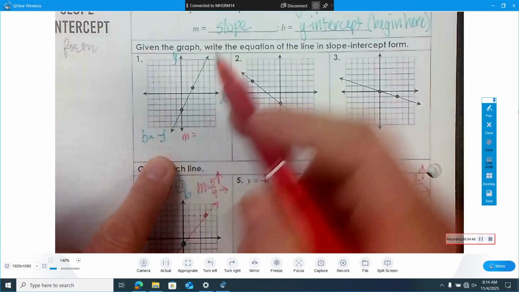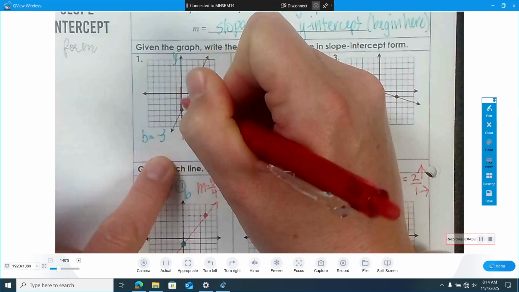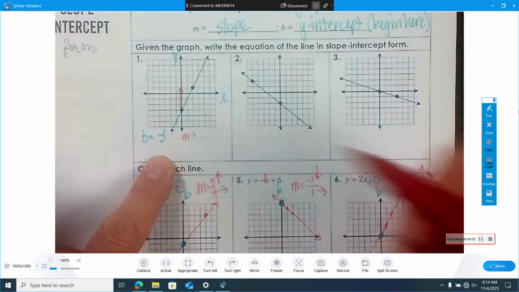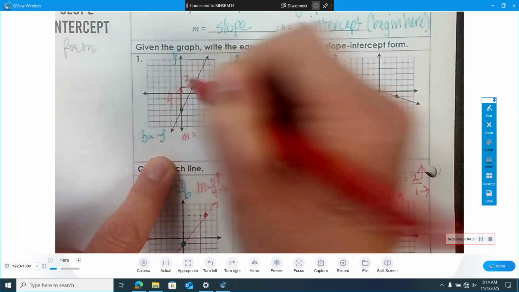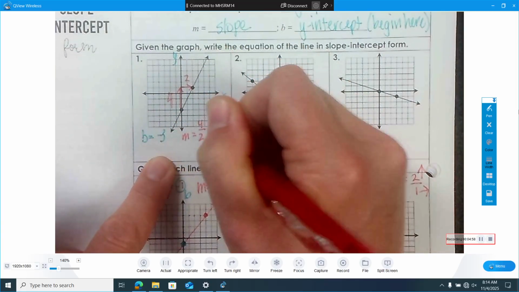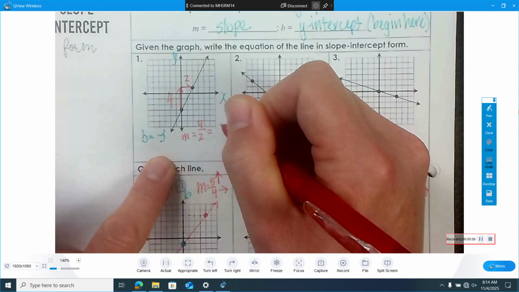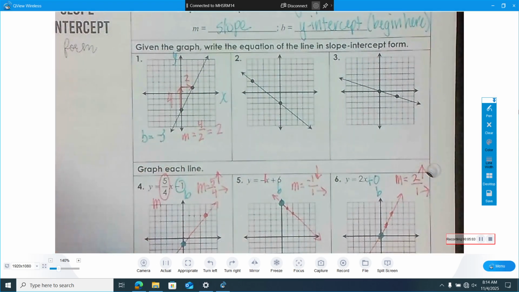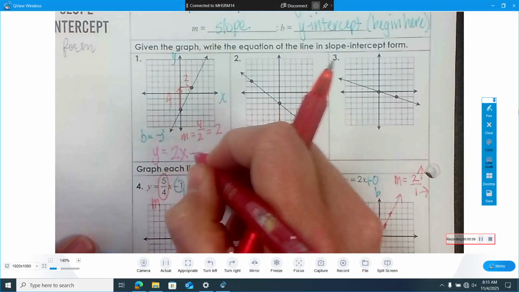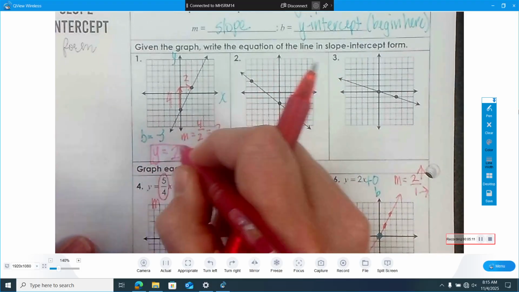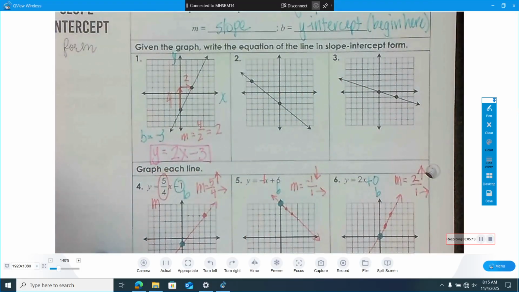So again, I'm going to start from the left side. I'm going to start on the leftmost point, and I've got to go up how many? 4, and then right 2. So up 4 over 2 is a slope of 2. All right, and then my equation would be what? Y equals 2x minus 3. Y equals mx plus b. Beautiful.